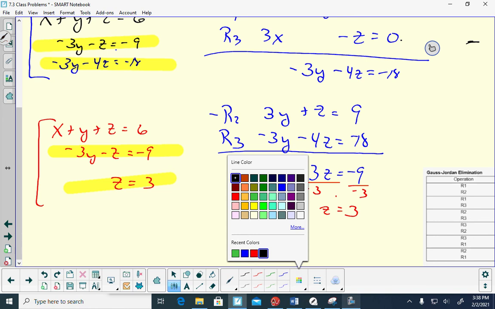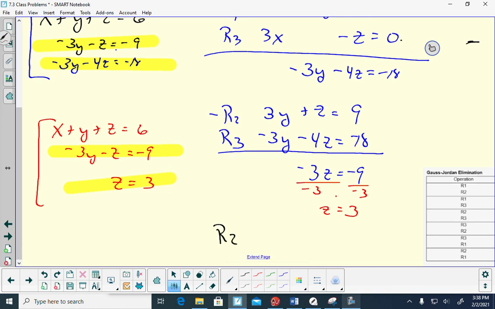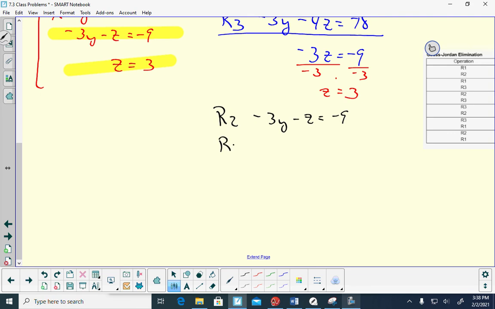So I'm just going to take row 2, which is negative 3y minus z is equal to negative 9. And I'm going to add row 3, which is z is equal to 3. And when I add those, I get negative 3y is equal to negative 9.